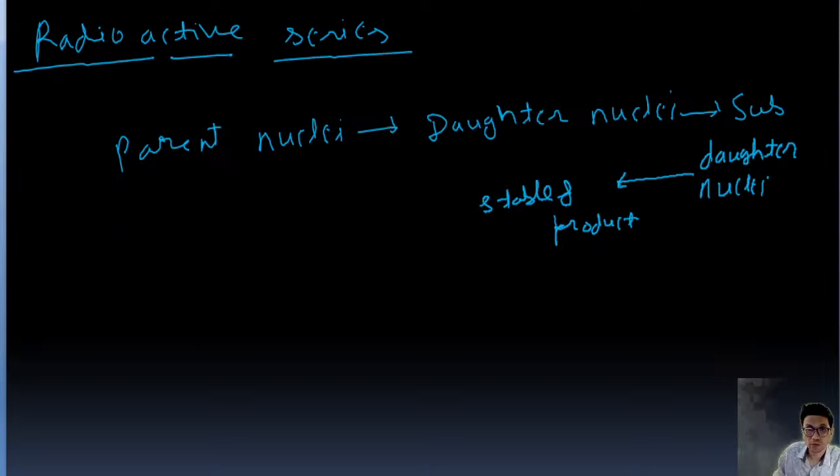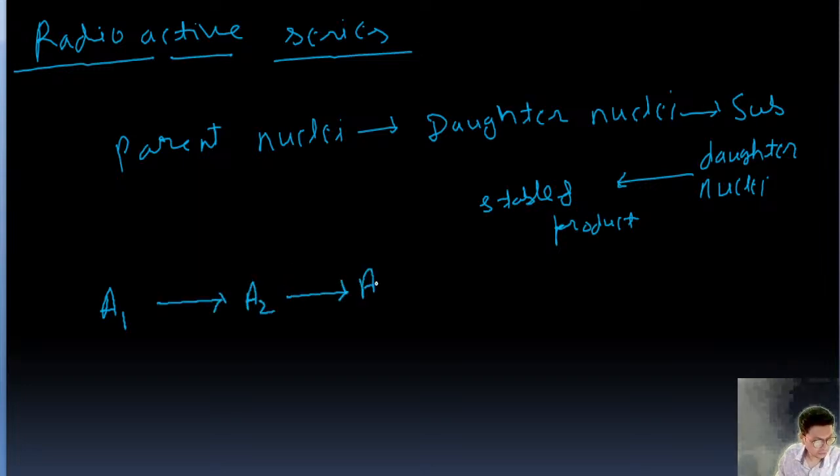So here, for example, A1 goes to A2, and A2 forms A3, and A3 produces A4, and so on up to AN.